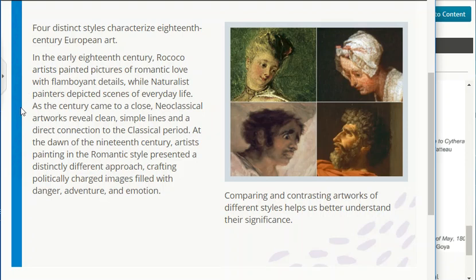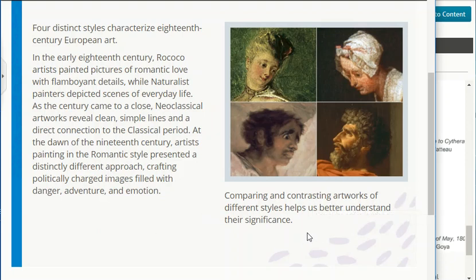As the century came to a close, neoclassical artworks reveal clean, simple lines and a direct connection to the classical period. At the dawn of the 19th century, artists painting in the Romantic style presented a distinctly different approach, crafting politically charged images filled with danger, adventure, and emotion.